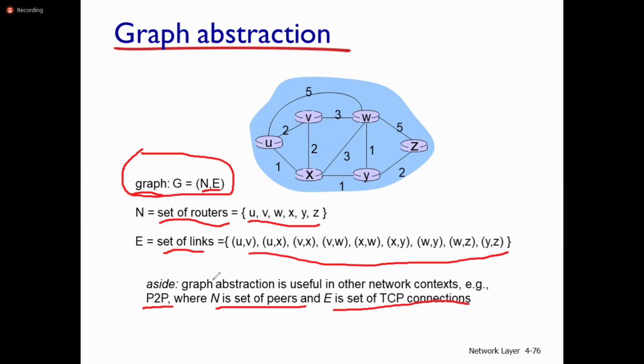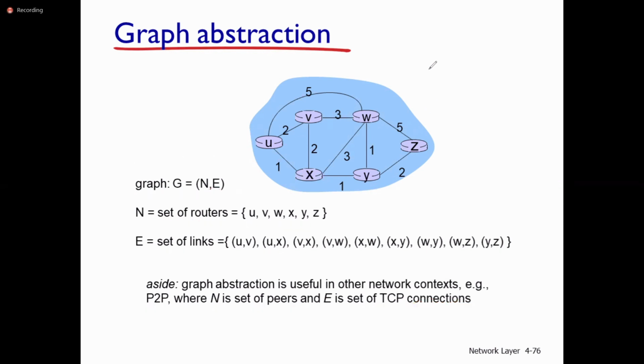As we have seen already, P2P is nothing but a mesh topology. So this graph abstraction of a network we are going to use in our routing algorithms.